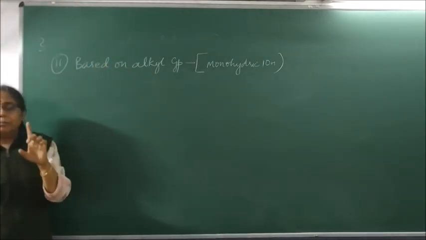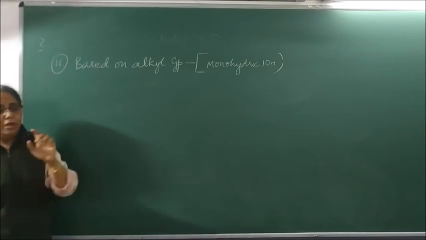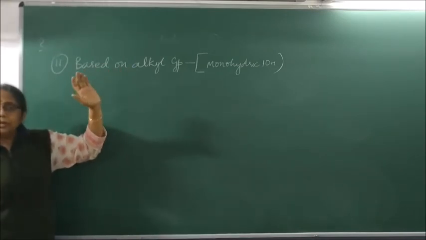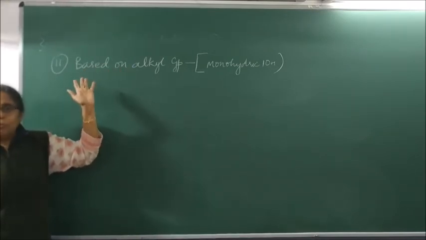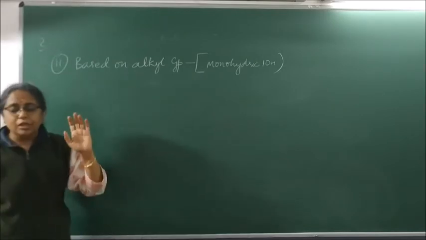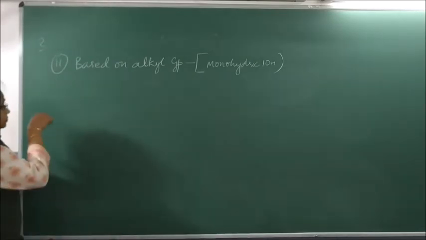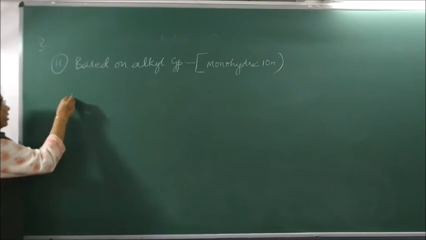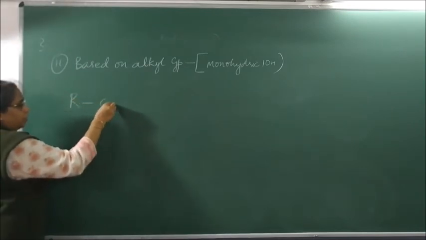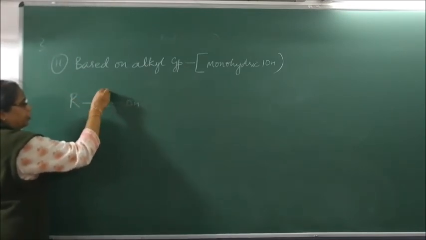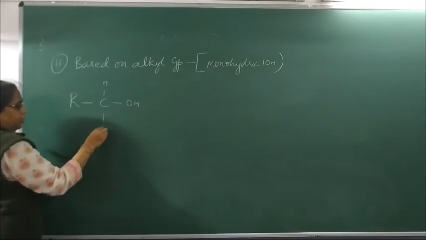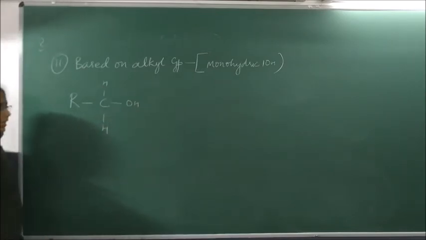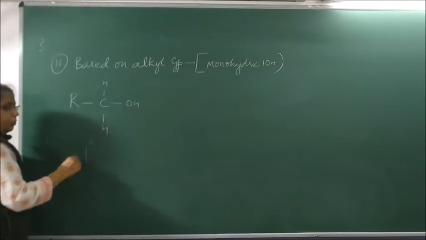That means here the number of OH group will be 1. So these can also be said to be the classification of what alcohol? Monohydric alcohols. So let us write first. If there is only one alkyl group attached to the carbon to which OH is attached, it is called what?